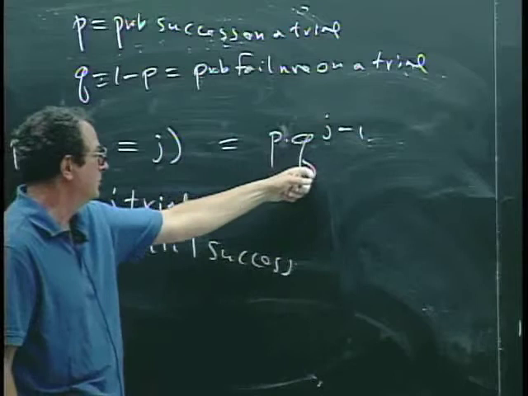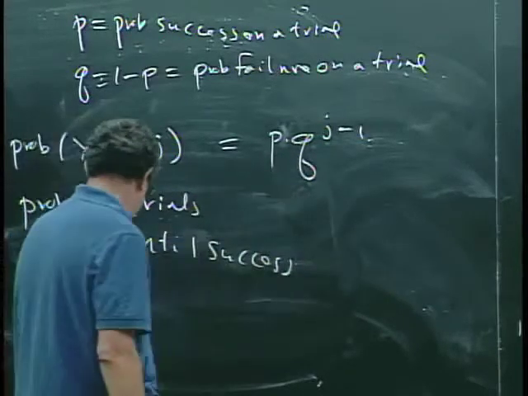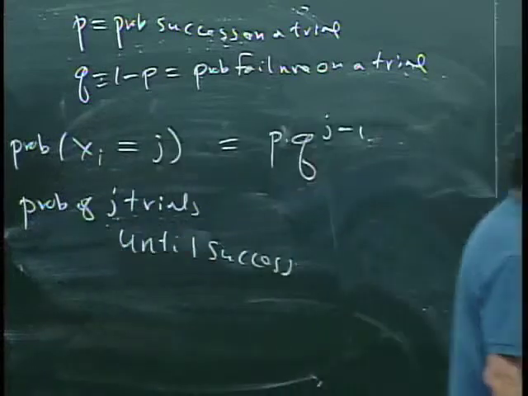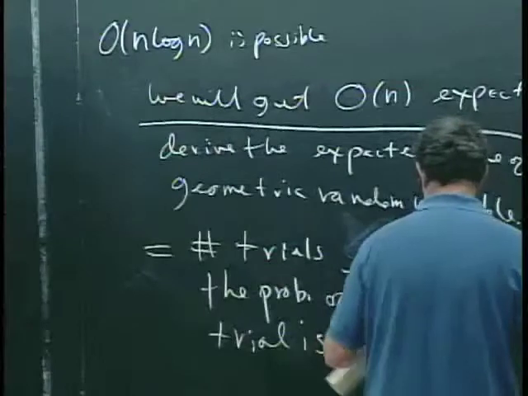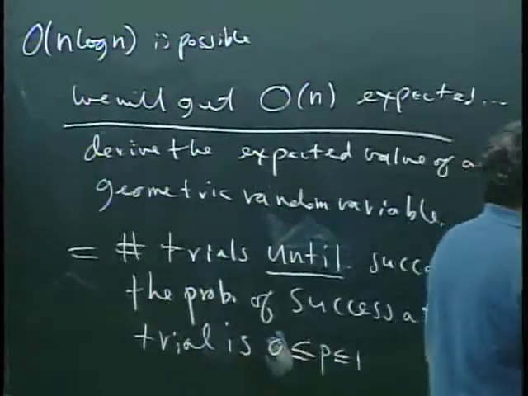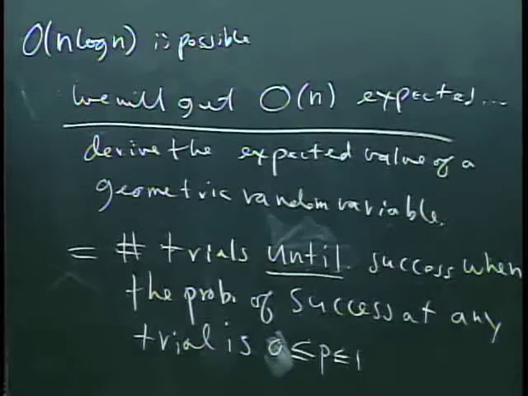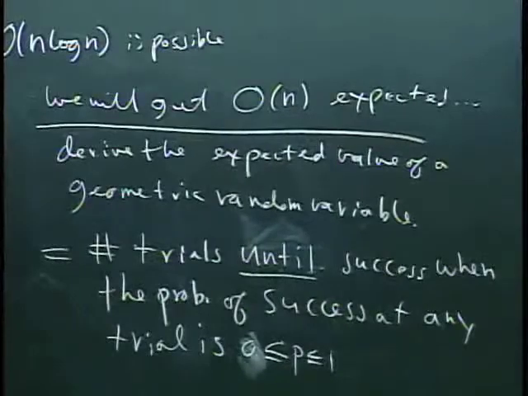So we're multiplying by q, j minus 1 times, and then finally you have success, and that's p. Okay, so now we can go back here and say all of this was until success. All right, so we now know what that is.